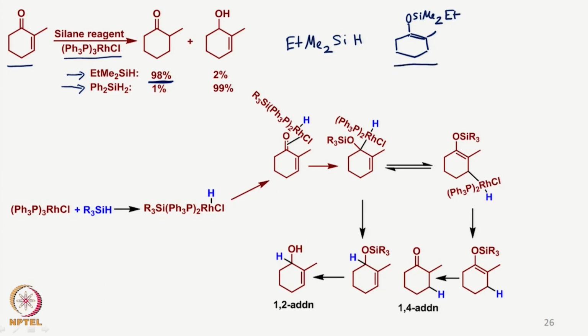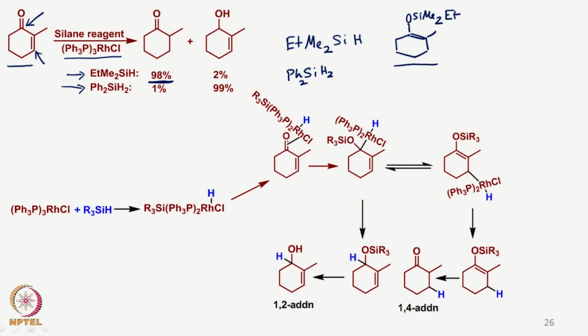While in the second case, when there are two hydrogens, Ph2SiH2, it is seen now that the reduction takes place directly onto the carbonyl carbon. In the earlier case, the reaction had taken place at the 4th carbon here.